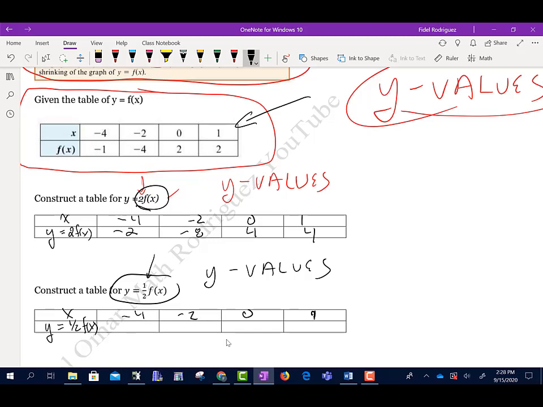What am I doing to each of my y values? I'm finding half of them. So half of -1 is -1/2. Half of 4 is 2. Half of 2 is 1. Half of 2 again is also 1, right? And this is supposed to be a 1 there. I don't know why it looks like that, but it's supposed to be a 1. There we go. And there's my table.